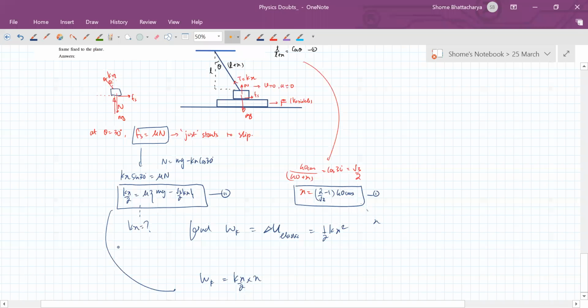See, kx here will become 2 mu mg upon 1 plus mu root 3.